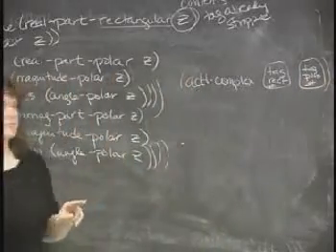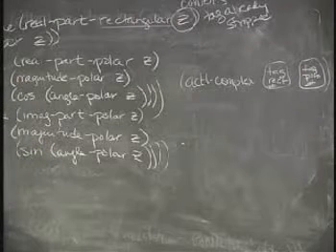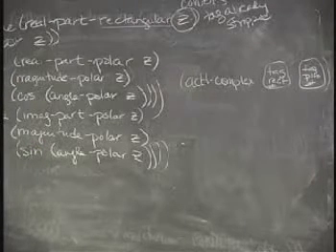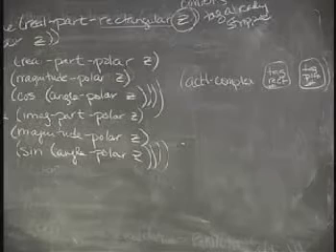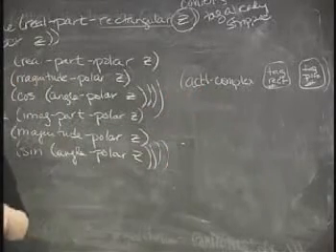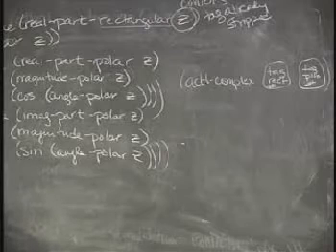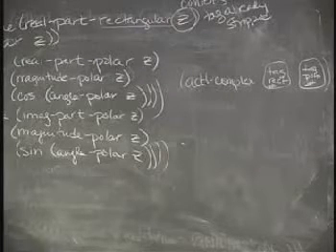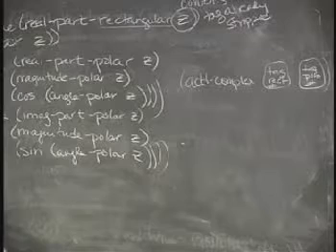What if add complex returns something without a tag? Could I then use it in any further computations? No, because if we return this without tags, then all of a sudden we're back to this case where we've got a number and we don't know if it's in rectangular form or polar form. But if we return it tagged, then we know what type of format it's in.